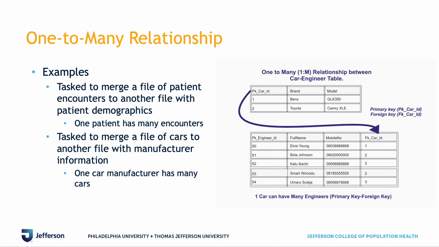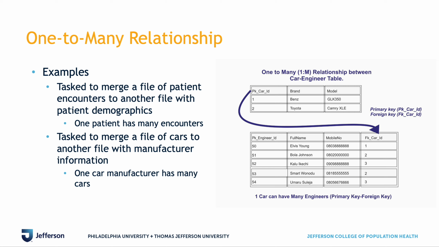But now if it's one-to-many, so let's say there are multiple values per key in one table and not another. This is an example of, let's say we had to merge a file of patient encounters to another file with patient demographics. Well, in the patient demographics table, we would have 1 row per patient. Patients don't have many demographics; their demographic information will be, for the most part, mutually exclusive. So, think of gender or age.